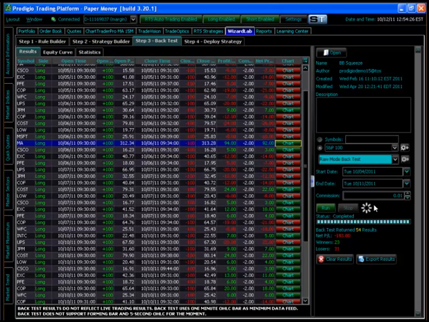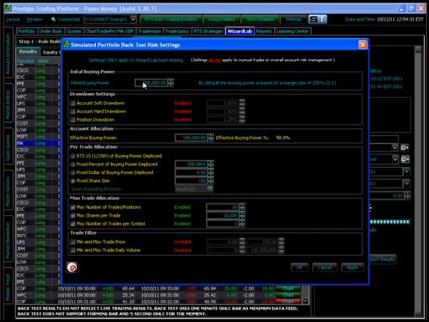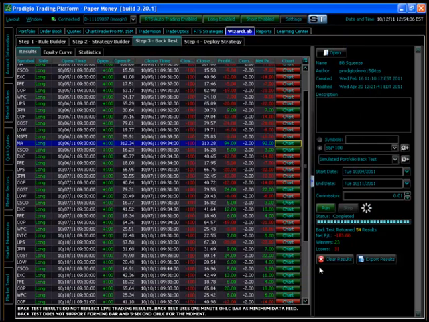So if I have, I believe this was $200,000 of buying power, the simulated portfolio will not show me all of the signals because at some point it might max out that buying power. Well, raw mode ignores that, and it basically assumes that you have infinite buying power. That's important when you're designing your system because you want to see when your signals trigger according to the logic that you made. So it's very useful. It's kind of like a raw debugging tool, and that's why we call it raw mode.